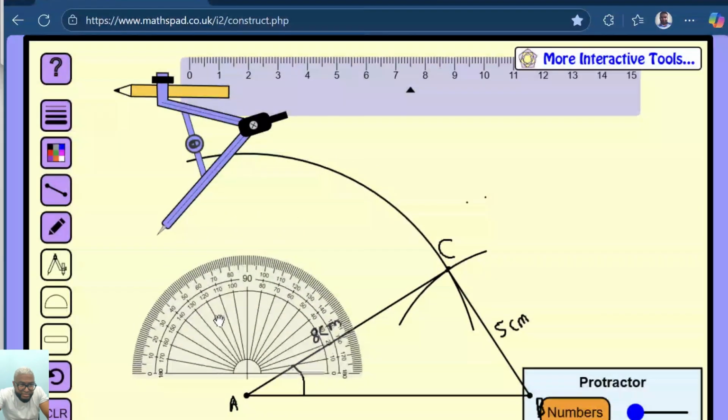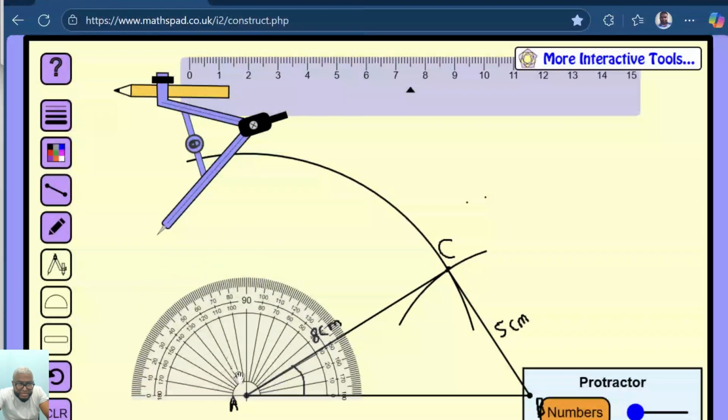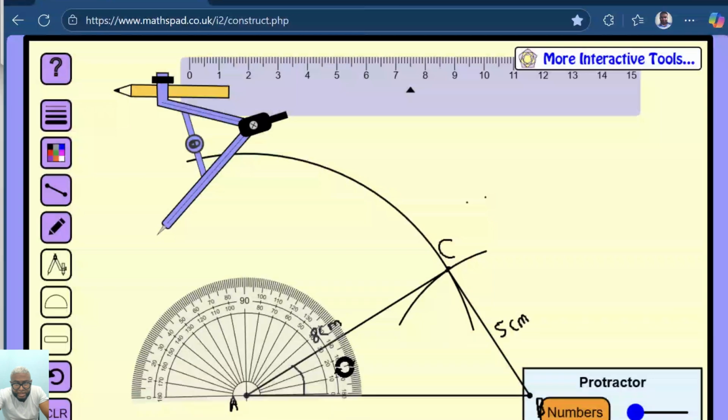You see the cross in the middle here? Line the cross up with the point A. Then you start from 0 and move up. You'll see 0 and 180 at the base, but you start from 0 and go up to see how much it reaches.